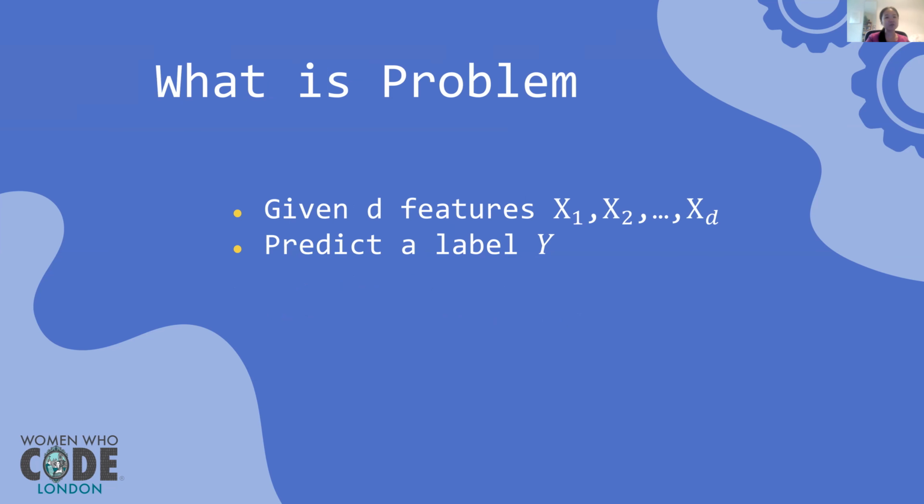In this case, I have 3 features. I give it a number D, like dimension. Each feature is a dimension. Once you put the word dimension in, it sounds so much cooler. So we have D features, which is D dimensions, and based on that I want to predict my label, which is whether it's going to rain or not.